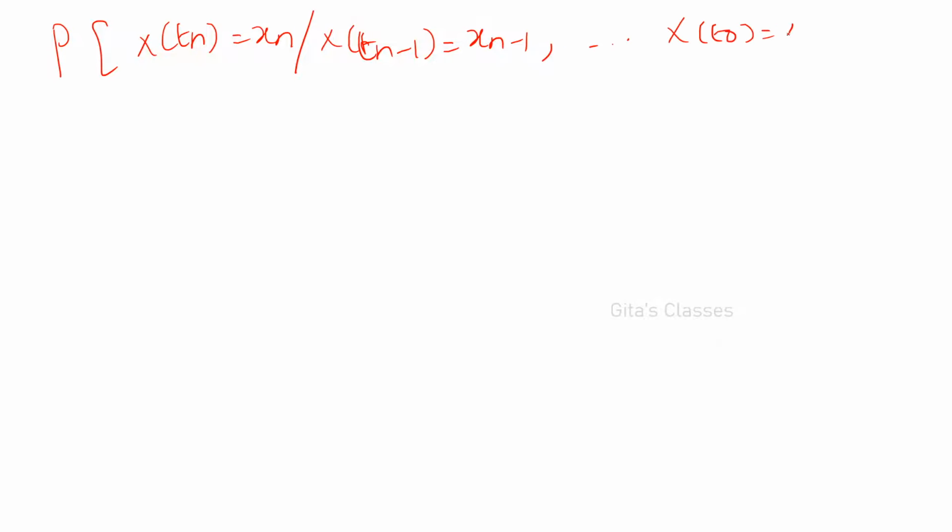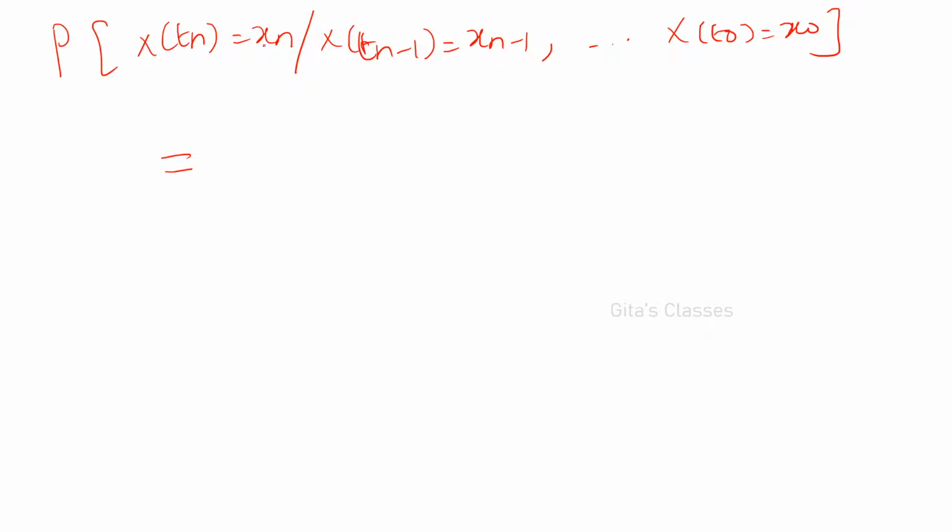There should be some condition satisfied, that is, the probability of X(tn) = xn given X(tn-1) = xn-1, and so on, up to X(t0) = x0, should be equal to the probability of X(tn) = xn given only X(tn-1) = xn-1.